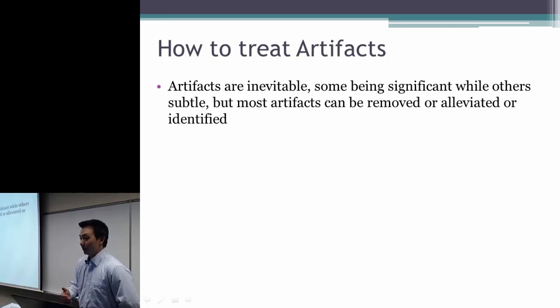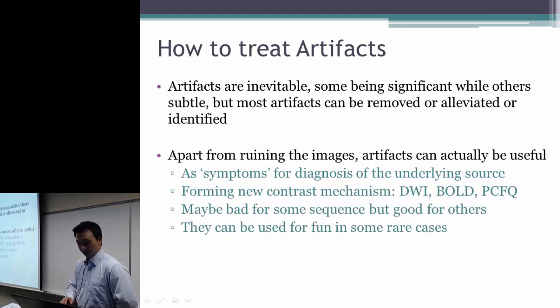Others may be subtle, and you may not be able to see there is an artifact unless you have a gold standard to compare to, right? But most of the time those artifacts can be removed, reduced or identified. So it's not too big a deal.